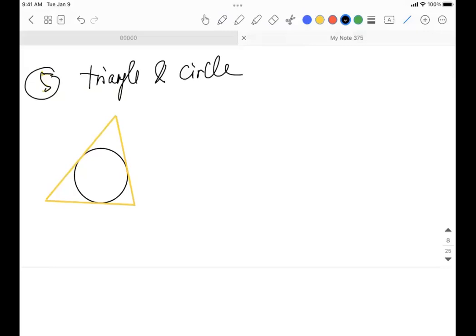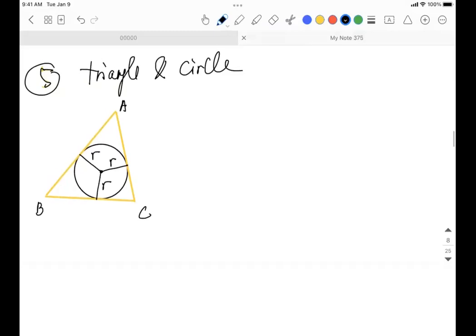My triangle, let me give it a name: A, B, C. This is my inscribed circle, with radius R. So my first important thing is that the area of my triangle ABC is actually R times P, where P is half of the perimeter of my triangle.